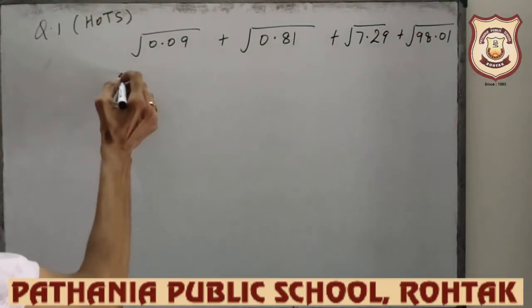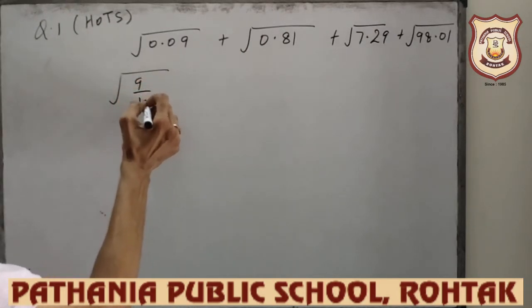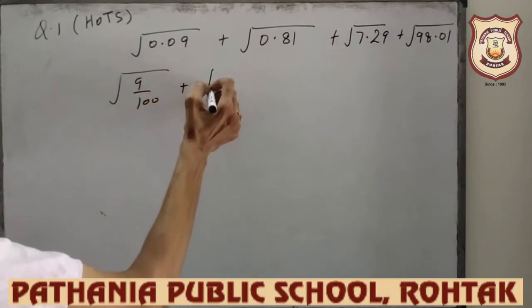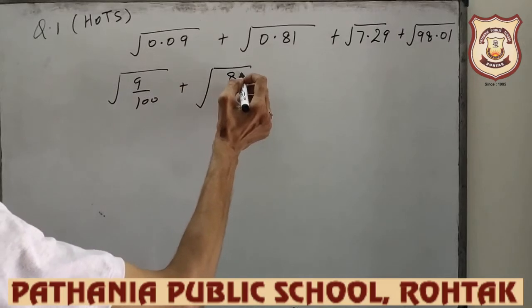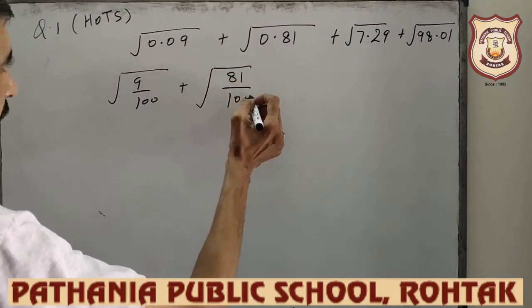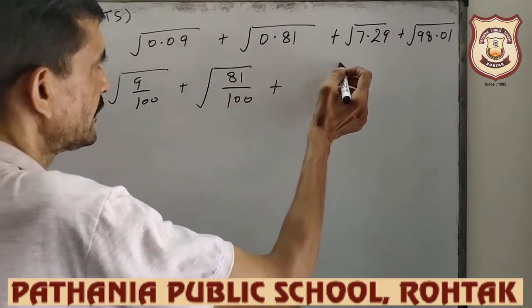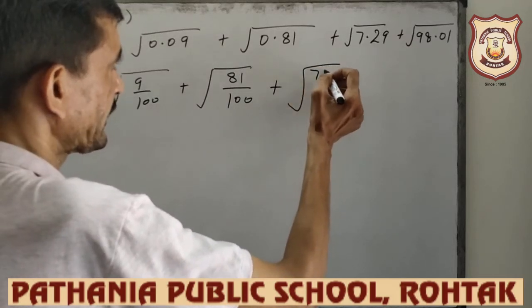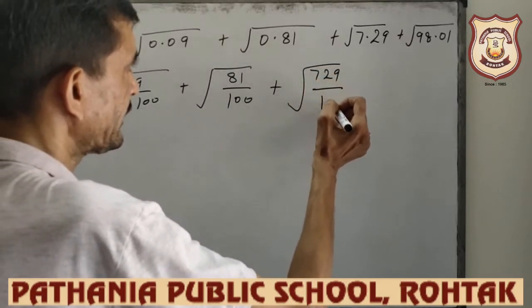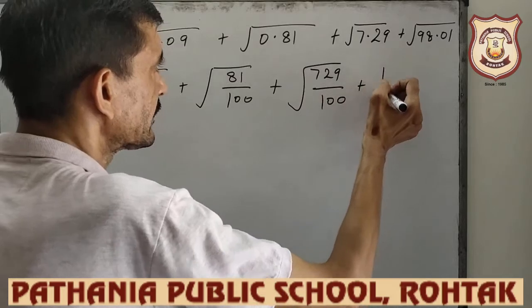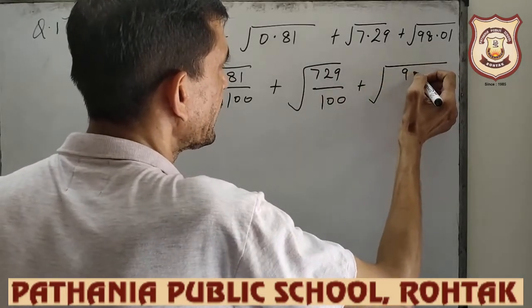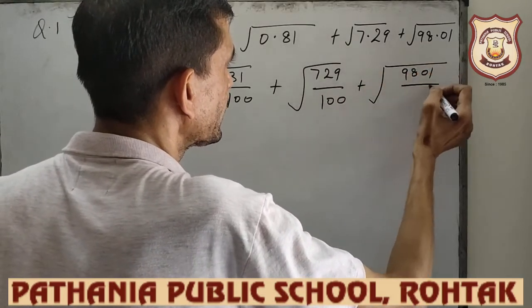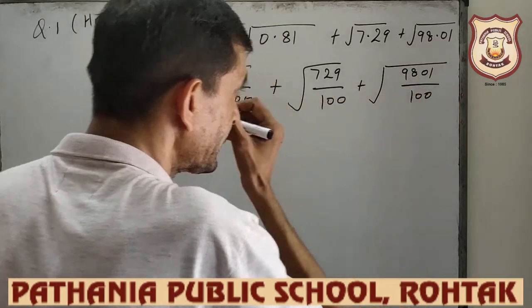What is it? Square root of 9 by 100 plus square root of 81 by 100 plus square root of 729 by 100 plus square root of 9801 by 100.